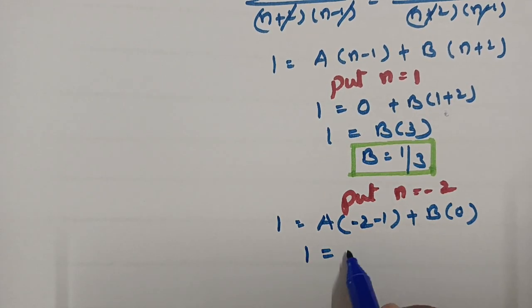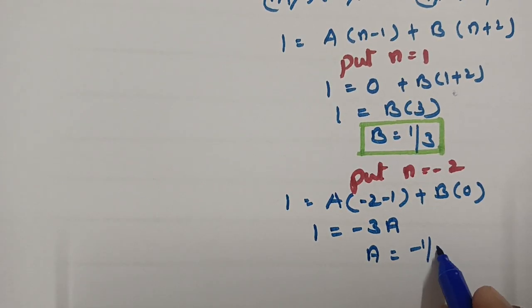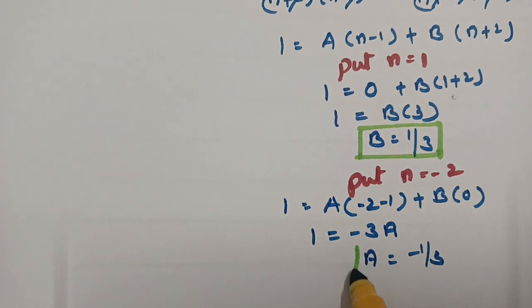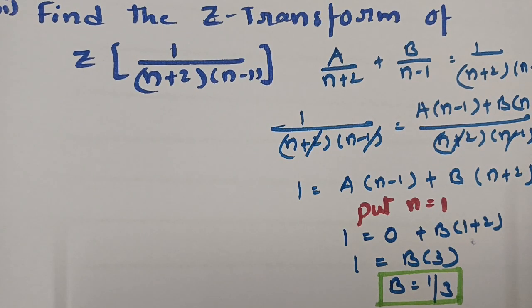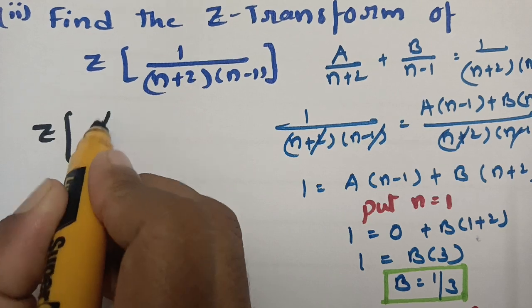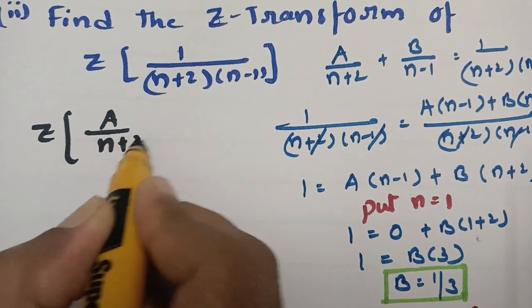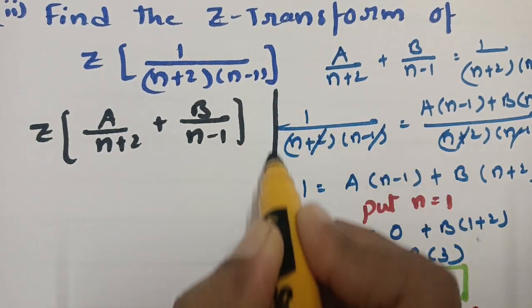So 1 is equal to minus 3a, and the a value is equal to minus 1 by 3. After getting the a, b values, now I am going to substitute here. This is the Z transform, and it can be split in the form of a by (n plus 2) plus b by (n minus 1). Clear?